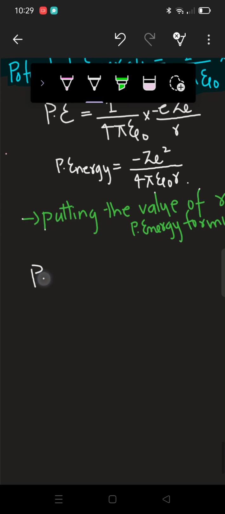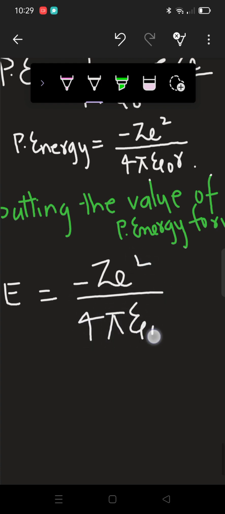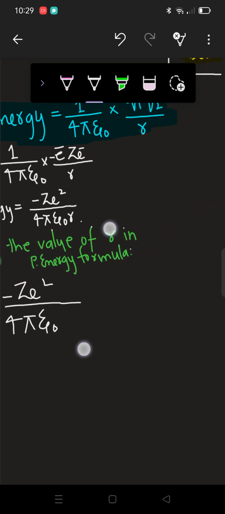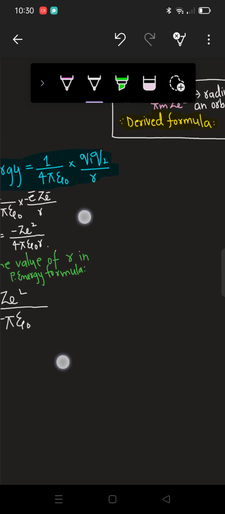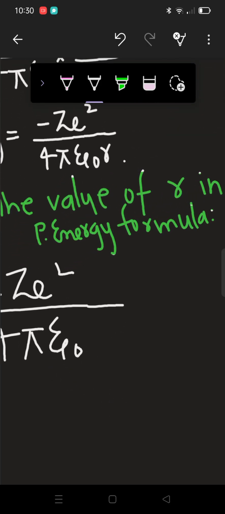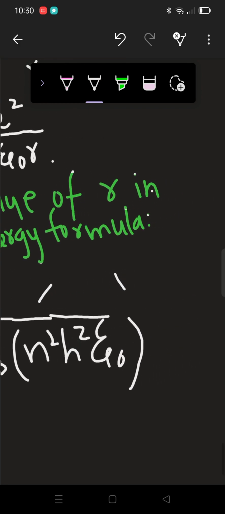Okay, now let's put the value of it. PE is equal to minus Z square by 4 pi epsilon naught. Instead of r, let's put its value, and that is n square h square epsilon naught upon pi m z square, right?